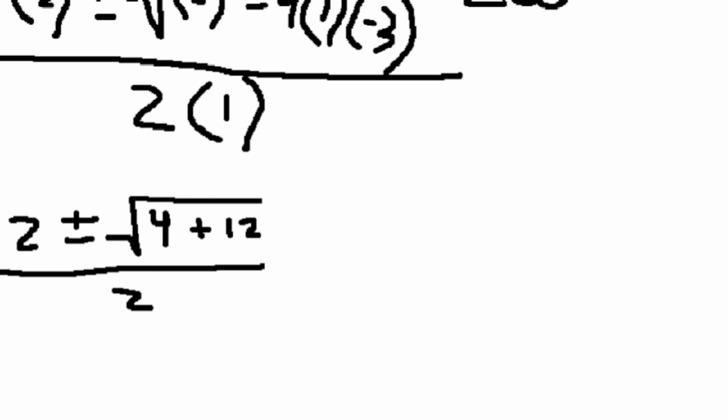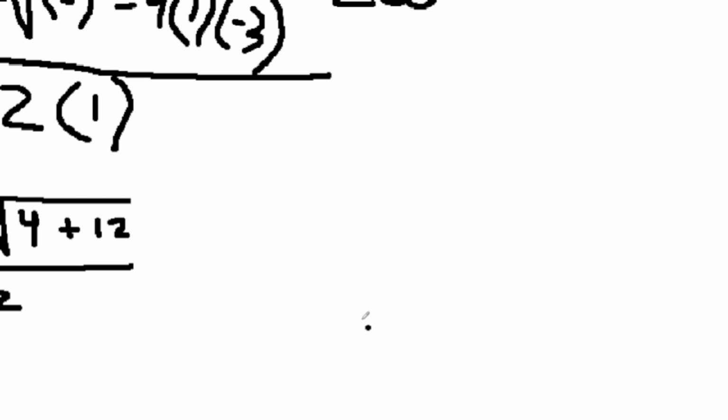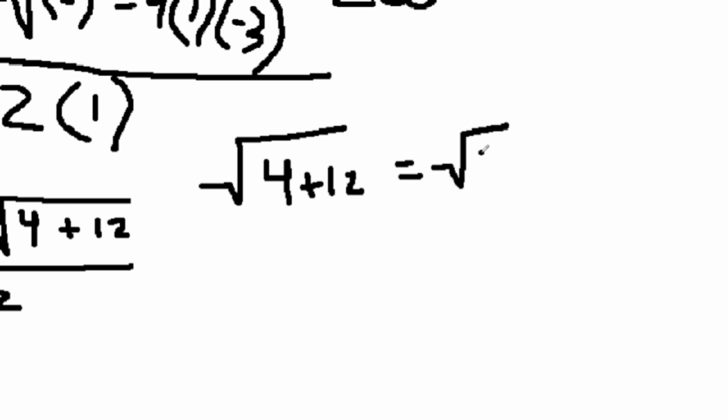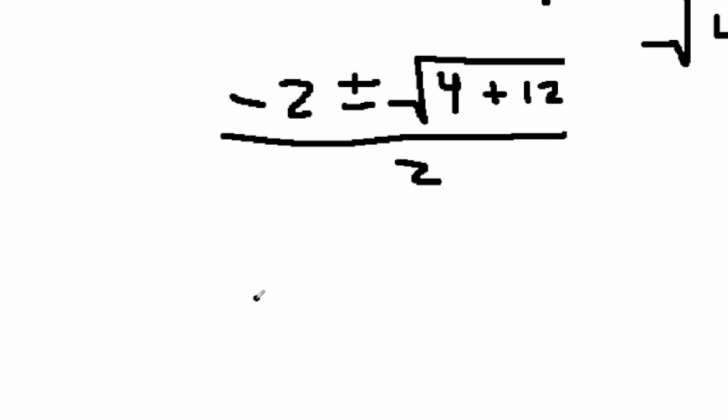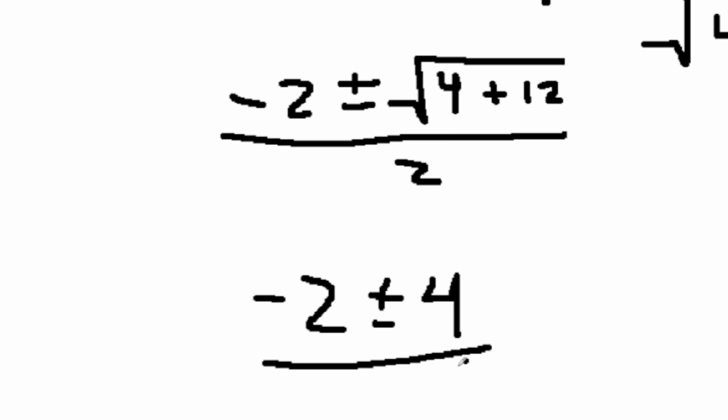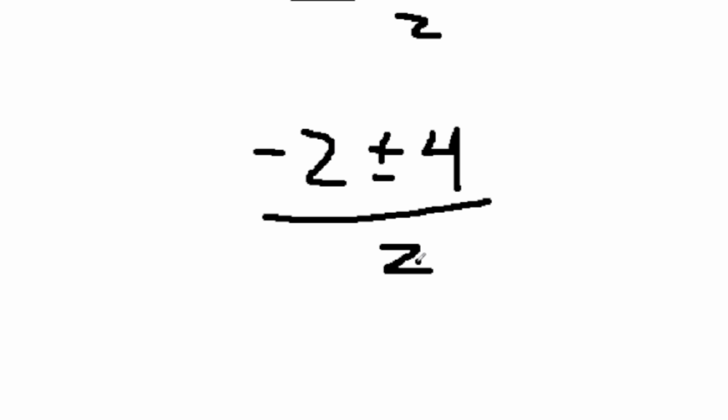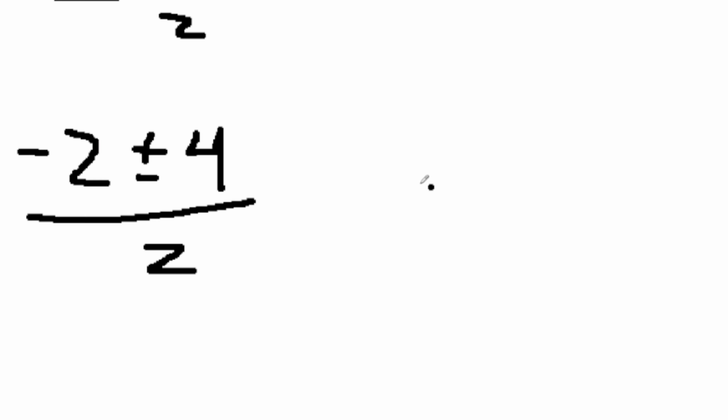We can simplify this even further because the root of 4 plus 12 is equal to the root of 16, which is equal to 4. So now we have minus 2 plus or minus 4 over 2. We can substitute this 2 in. We have minus 2 over 2 plus or minus 4 over 2.